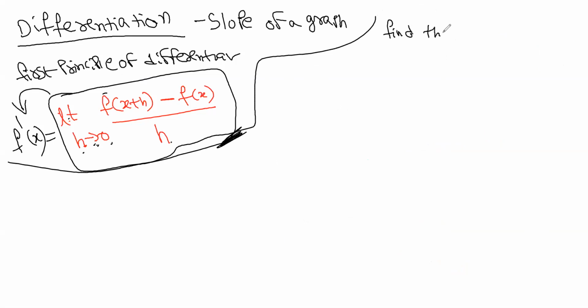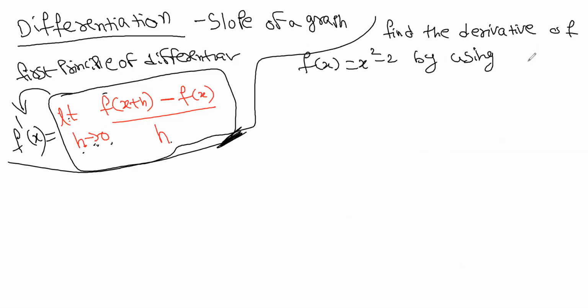Find the derivative of f of x equals x square minus 2 by using first principle. They will give this. Then we have to tell that derivation is just calculating the limits.